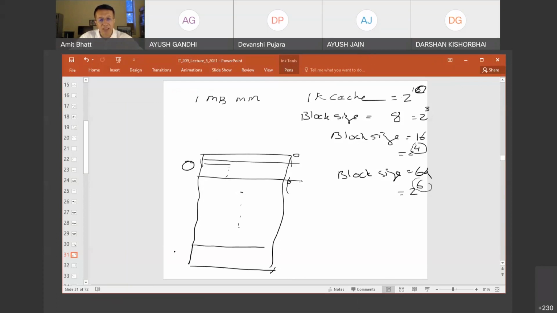So just 15 blocks in here, and each block would have 63 contiguous words in it. So now you may say, okay, now I understand that if I keep on increasing my block size, the total number of blocks which can reside in a fixed size cache would keep on reducing.